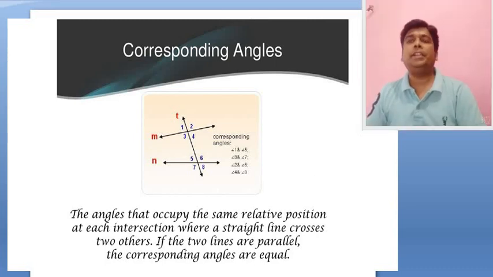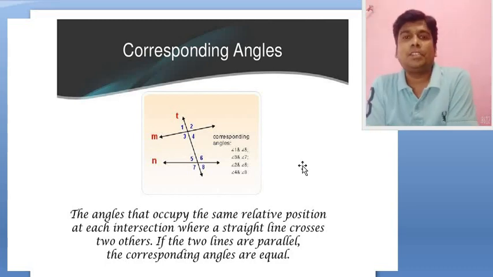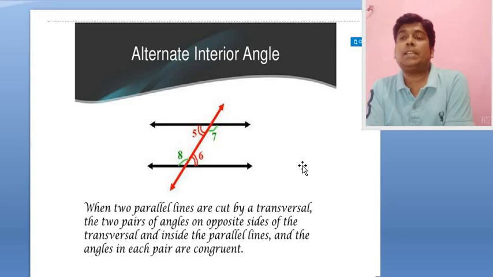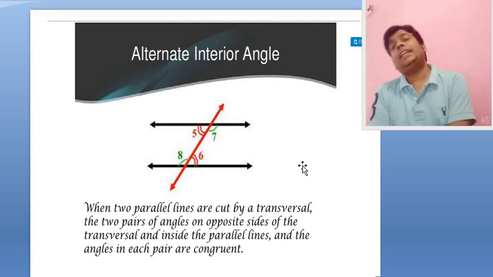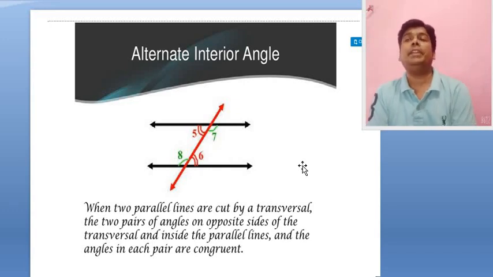Next is alternate interior angles. As the name suggests, interior angles: if these two lines are parallel, interior angles mean the angles which lie between the parallel lines. Here 5, 6, 7 and 8 are interior angles.